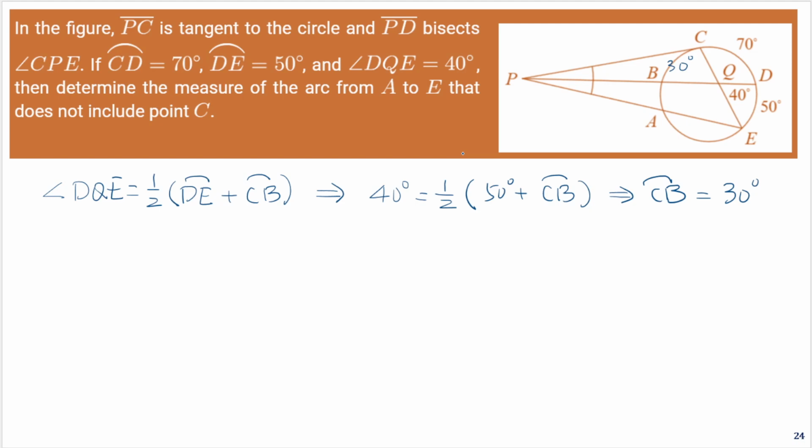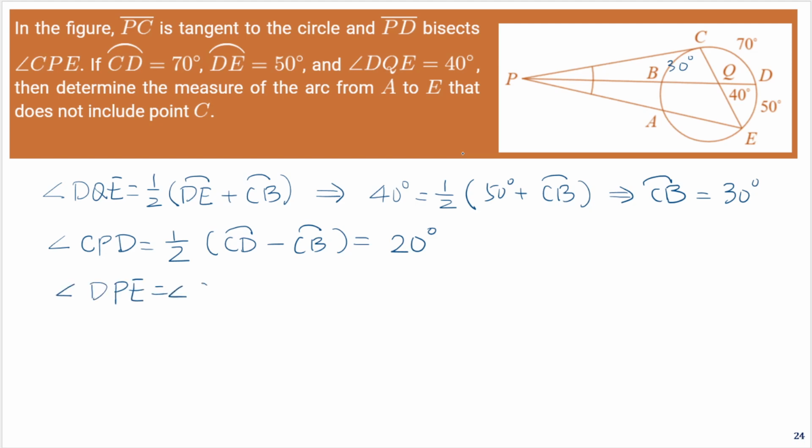And now we have CB, we could find angle CPD, right? Note that angle CPD just equals 1/2 of (arc CD minus arc CB), and this is 20 degrees, right? If CPD is 20 degrees, since DP bisects angle CPE, we know that angle DPE is also 20 degrees, right?